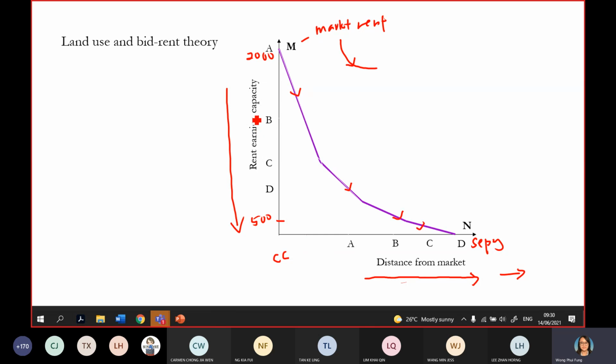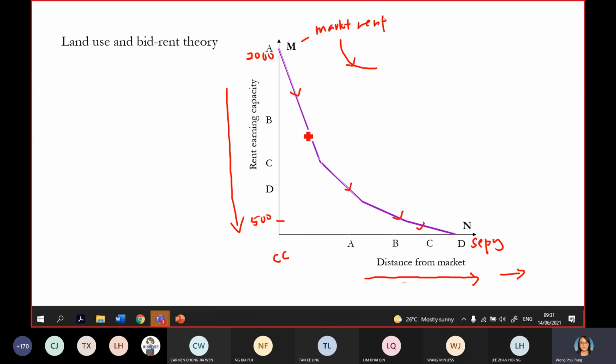Okay, again, why do the economists want to rotate the graph? The theory is they want to formulate this purple curve, MN, which is what we call market rental.